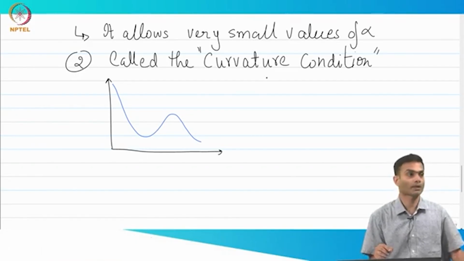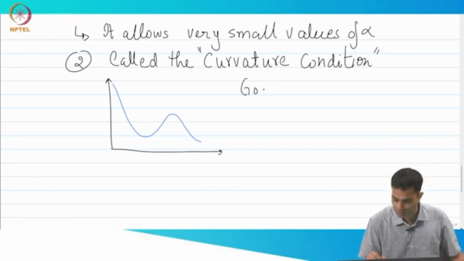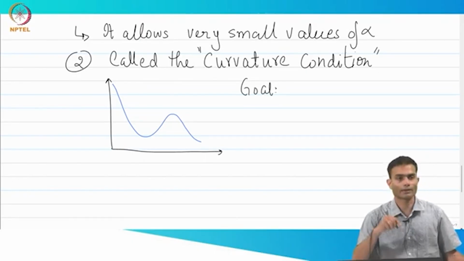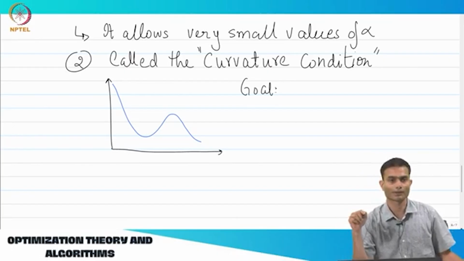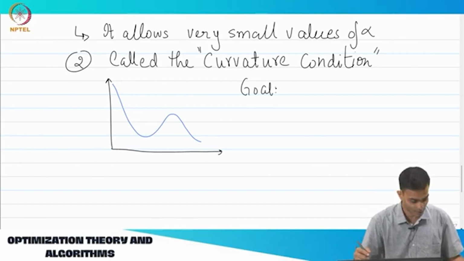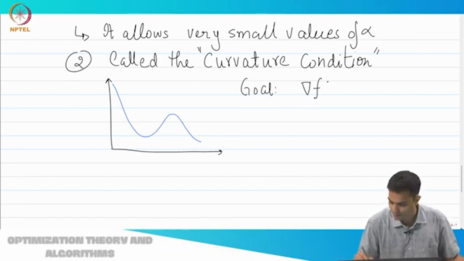Let us again keep in mind what the goal is. The goal is that at the new point xk plus 1, the gradient should be 0. Let's just quickly remind ourselves of that.